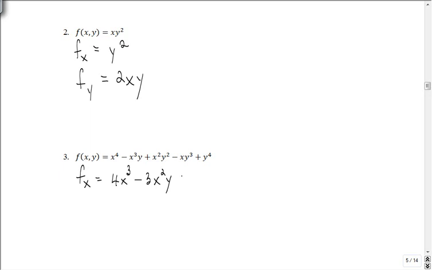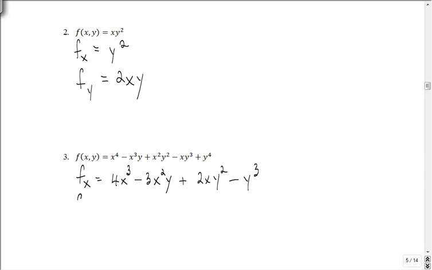The next one, 2xy squared. The next one, minus y cubed. What about the last one? 0, nothing, because y is a constant, yeah? When you differentiate a constant, you get 0.